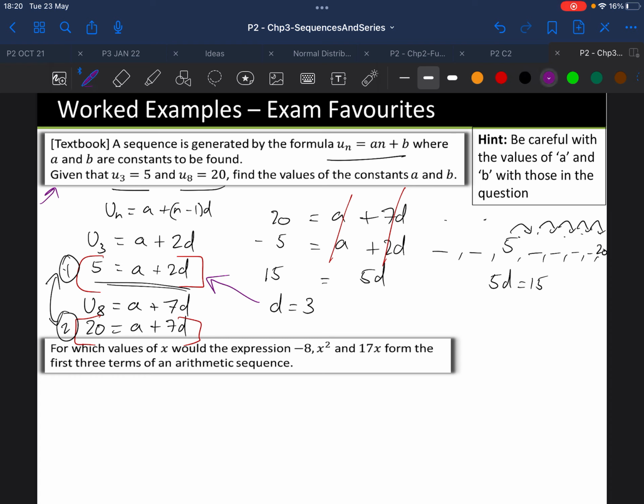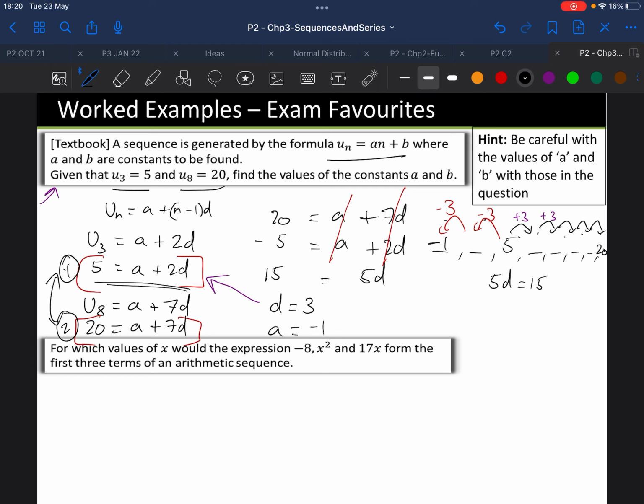Okay. When you know that the difference is 3, well, if you want to go backwards, then you should be taking away 3. So 5 take away 3 is 2. 2 take away 3 is minus 1. So what we would normally call the a section is minus 1.